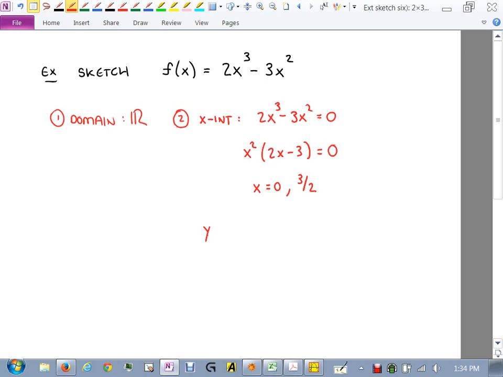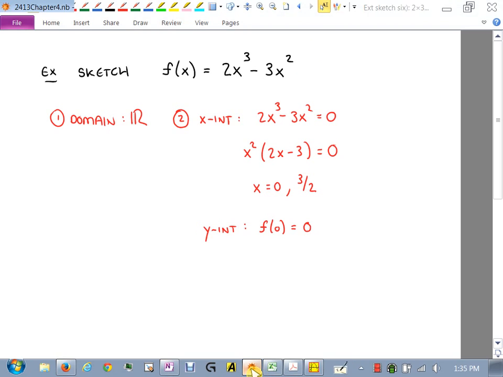Y-intercepts: you can only have one y-intercept if it exists. So plug 0 into the function, and what do you have? 0. So the y-intercept is actually the same as the x-intercept. It's the origin. We all good right now?